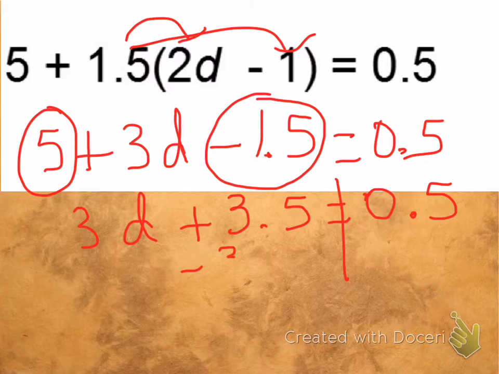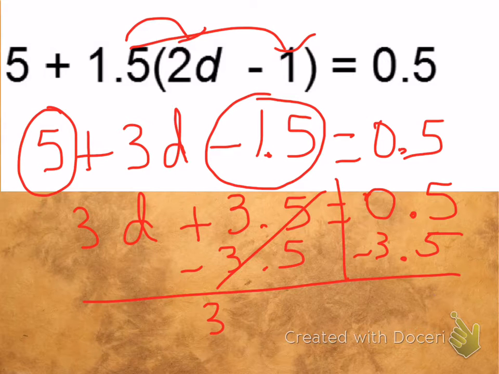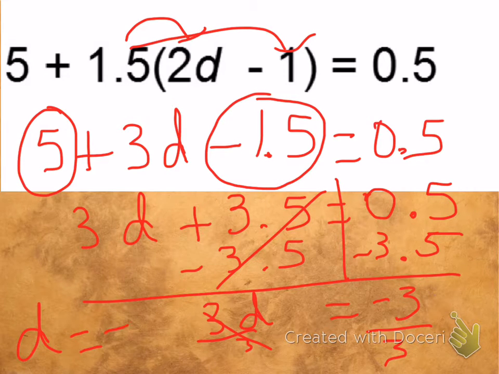Then I'm going to subtract 3.5, subtract 3.5. So my left side, I'm left with 3d equals, so I'm thinking in my head, I'm going to flip it around. So I know my answer is going to be negative. 3.5 minus 0.5 is 3, and then I'm going to divide by 3 to get d by itself. So negative 3 divided by 3 is negative 1, so d equals negative 1.